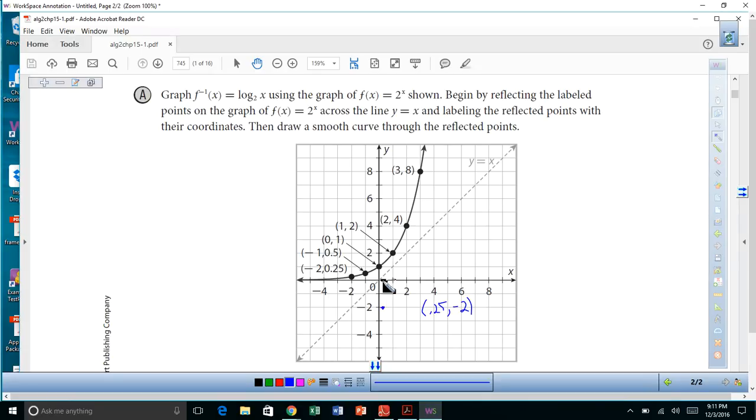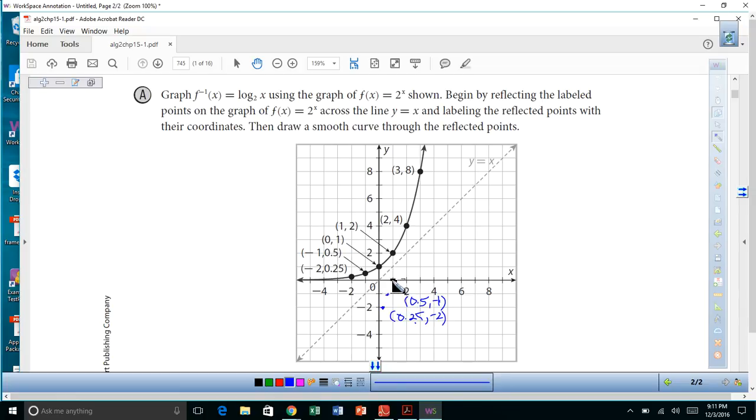So that's going to be 0.5, negative 1. And then you have 0, 1.